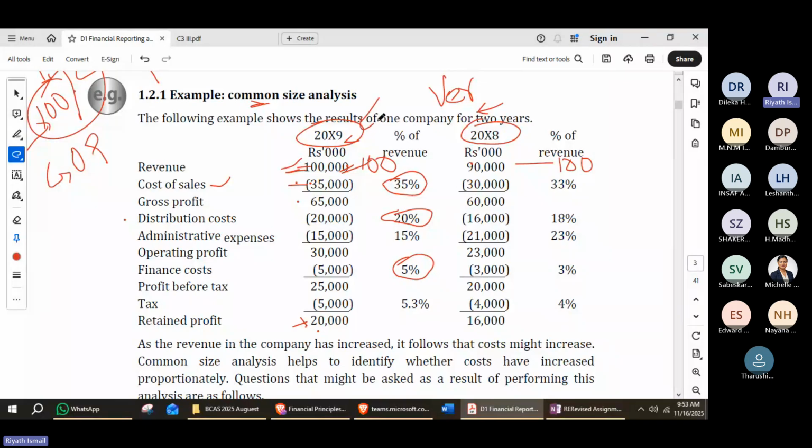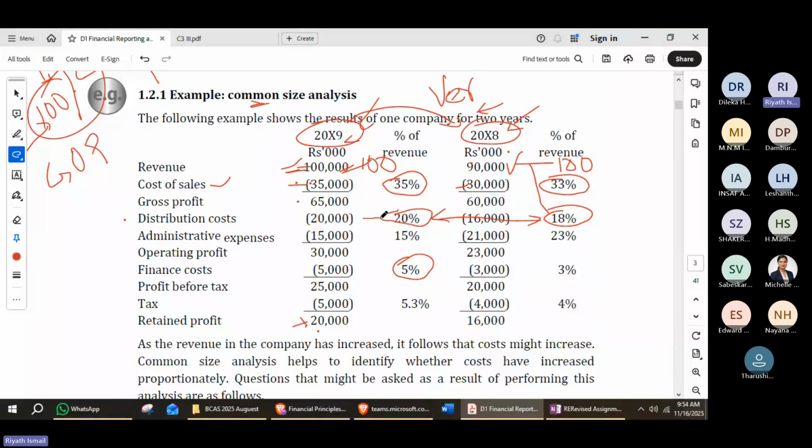So this is for a particular company this year. We compare these values with the previous period. Now you see that this 30,000 is 33% of revenue, and distribution cost is 18% of revenue. You can see some small insights by comparing this.